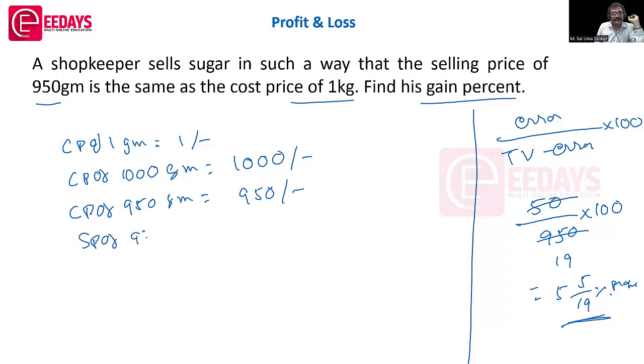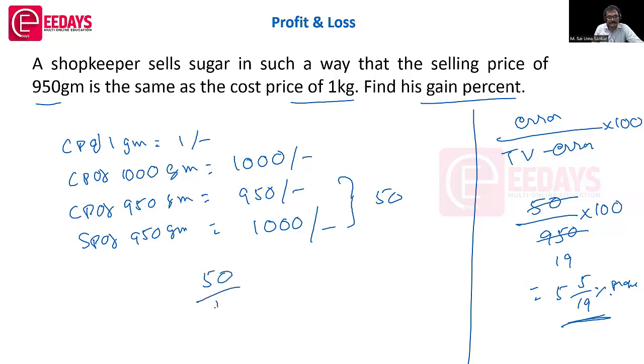SP of 950 grams is equal to how much? That is equal to 1000 rupees, or not. The selling price of 950 grams is the same as the cost price of 1 kg. What is the profit? That is equal to 50. 50 rupees on cost price, 50 by 950 into 100, or not.